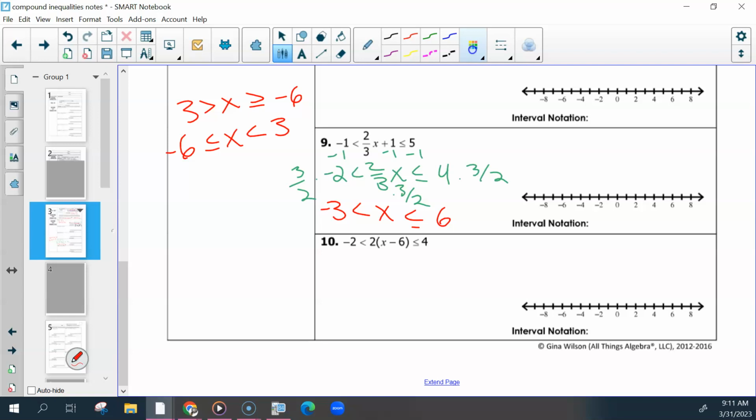So -3 would be open, 6 would be closed, line between them. I'm not going to draw the overlap, but you are more than welcome to. How would we write our interval notation?